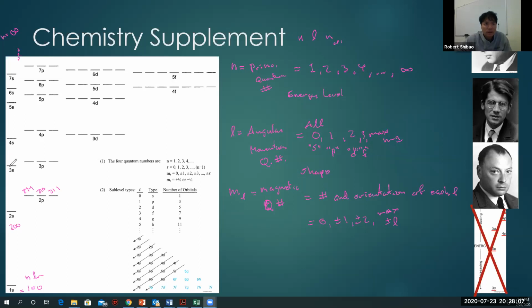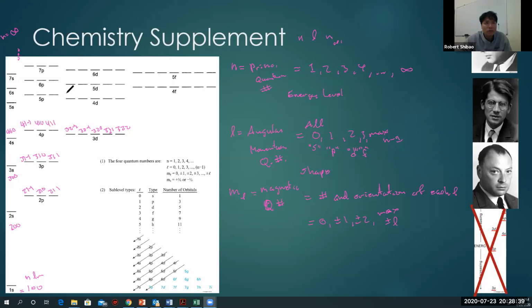When n equals 3, then we have 3, 0, 0, 3, 1, negative 1, 3, 1, 0, 3, 1, 1. We also have 3, 2, negative 2, 3, 2, negative 1, 3, 2, 0, 3, 2, 1, 3, 2, 2. When n equals 4, then we have 4, 0, 0. We have 4, 1, negative 1, 4, 1, 0, 4, 1, 1.